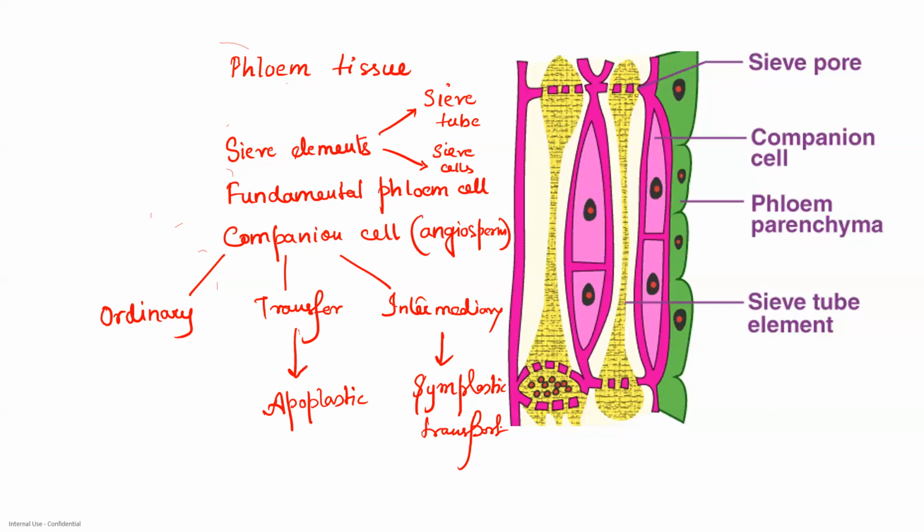Sucrose is translocated to the sink. Fine. So sucrose is the most commonly translocated sugar, and generally the translocated carbohydrates are mostly non-reducing in nature. And sucrose, you know, is a non-reducing disaccharide made up of one glucose and one fructose. Clear?